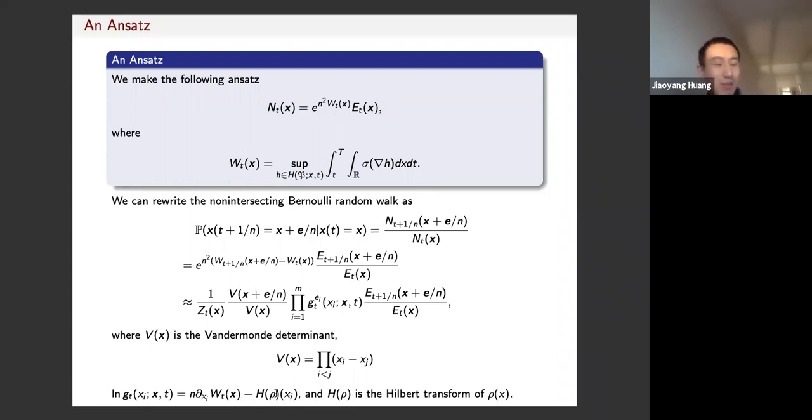Rho is the empirical measure for the x. So you can just think it's this derivative with respect to x_i, just by Taylor expanding this term. And the subtracted Hilbert transform corresponds to the ratio of the Vandermonde, because for the Vandermonde, after you take log and take the derivative with respect to x_i, you get the Hilbert transform.